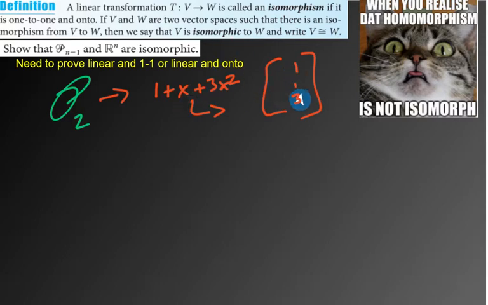This is a good example of where it's easier to work in this space than this space, because here in R3, you can utilize this column vector and do matrix operations on it. You can plug it into a computer and do RREF and the simplified thing. But if we were doing that with a quadratic, it's kind of confusing, right? It seems odd to think about how we could use a matrix to work with a quadratic.